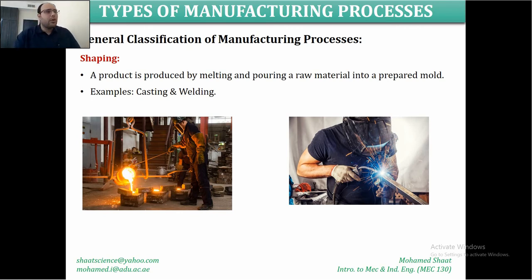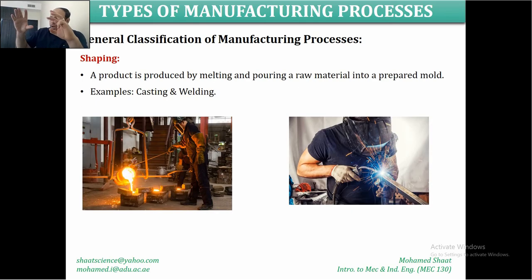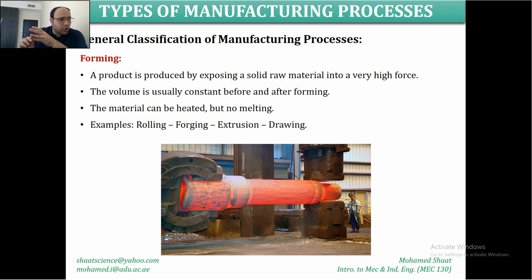Generally, we can classify the manufacturing methods into three groups. First, shaping processes: there are a lot of manufacturing methods that can be counted as shaping processes. There is another group that will be counted as forming manufacturing methods.